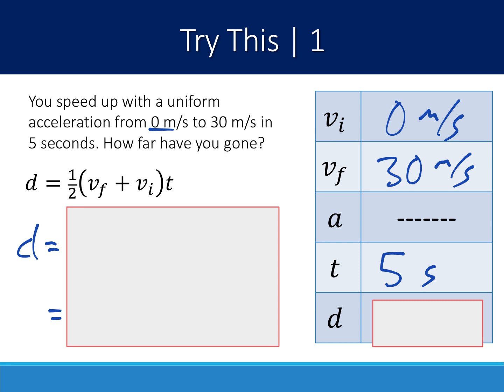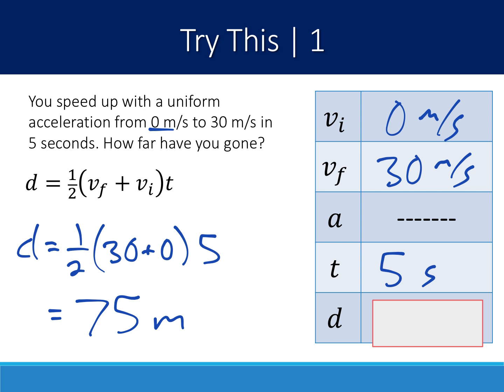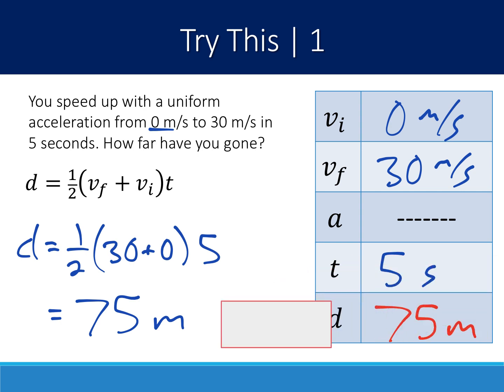So I'm going to use the 1/2 (vf + vi) times t. Noticing that I have a change in velocity, my final is 30, my initial is 0, and I know the time is 5 seconds. I can now plug those values in and solve for my final answer. Okay, now it's always important to start from the beginning and ask yourself that question, are we accelerating or not? And then go on from there.